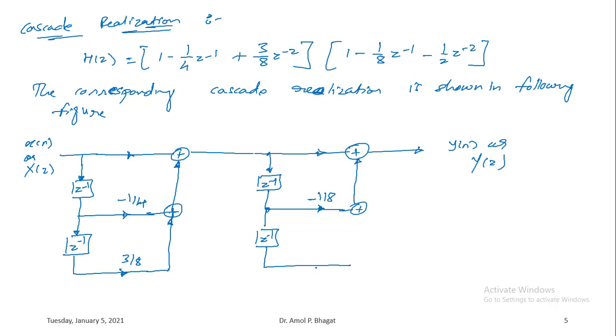Again this is multiplied with minus 1 by 2, and this will be added here. So this is nothing but the cascade form realization of the given FIR system.